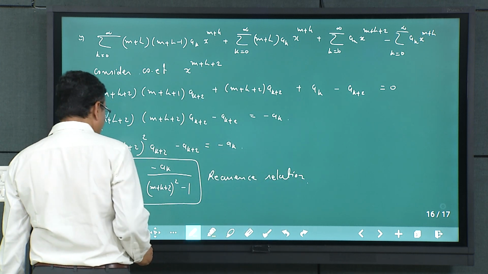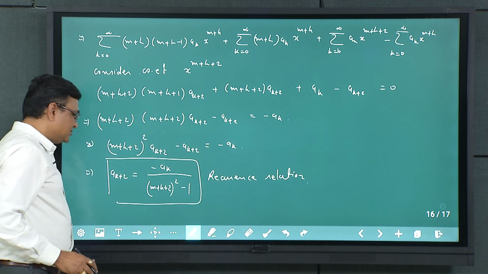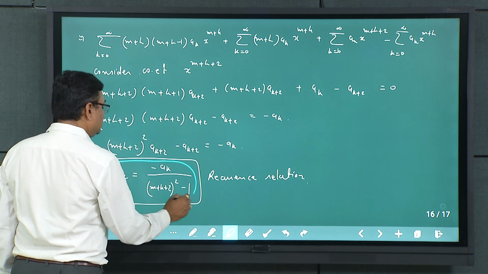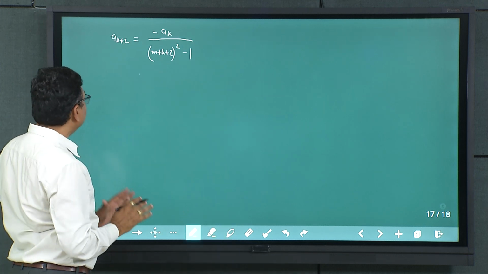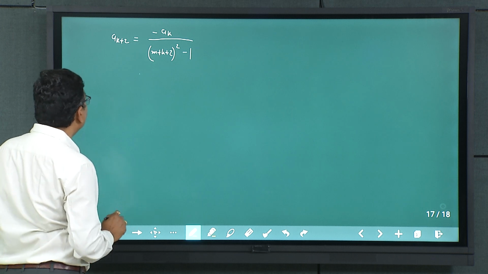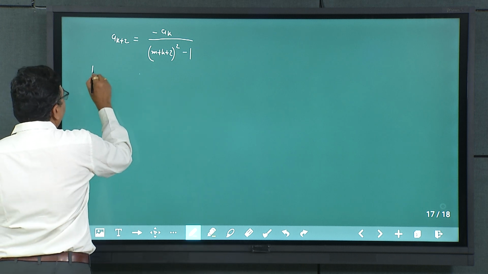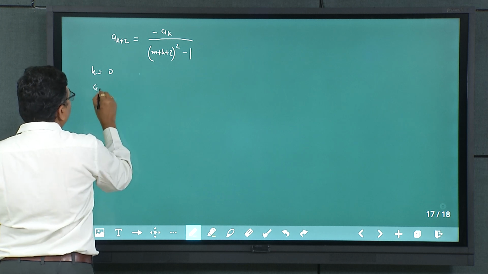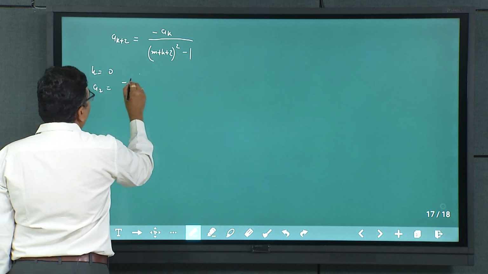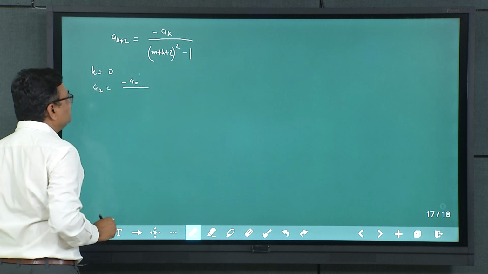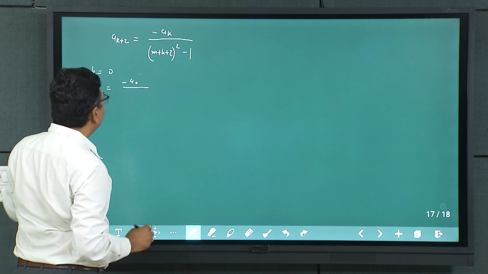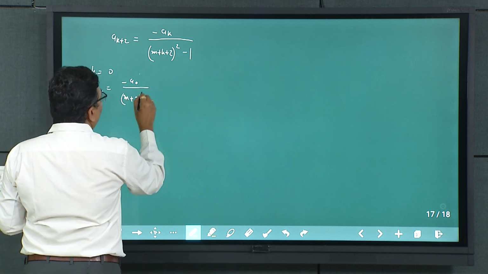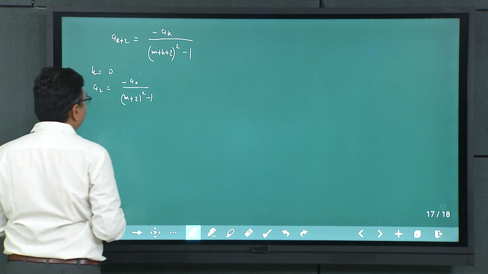Okay. Now using this recurrence relation, we will find the other coefficients. We know a1 is equal to 0, so a2 onwards we have to find. So take k is equal to 0, so a2 is equal to minus a0 upon, so k is equal to 0, so m plus 2 whole square minus 1, right.